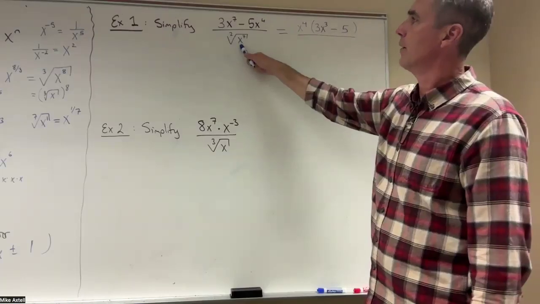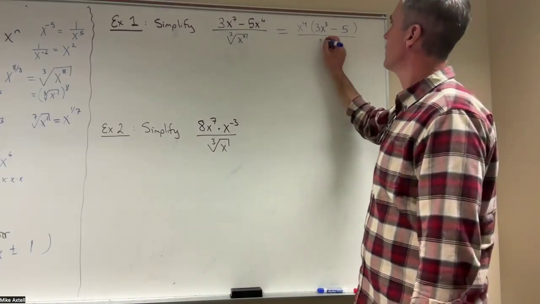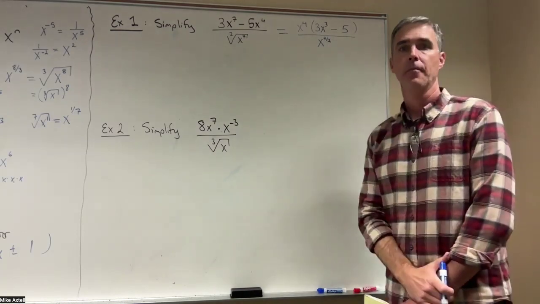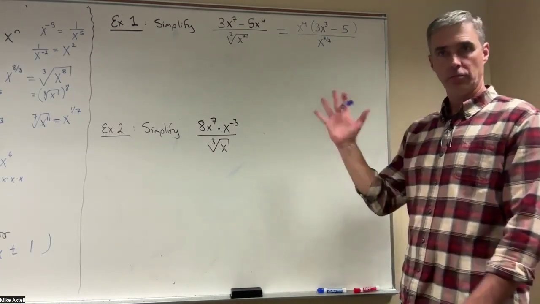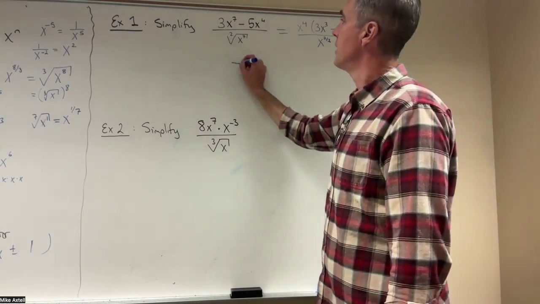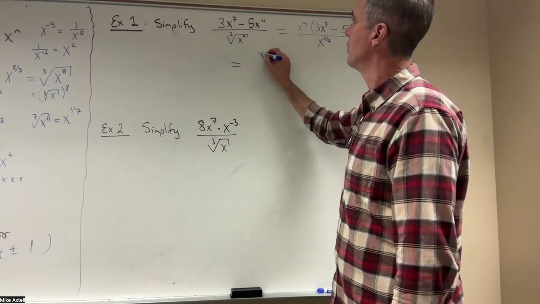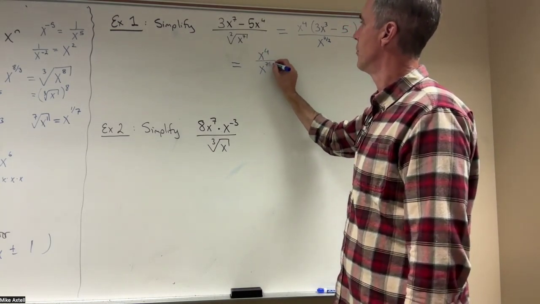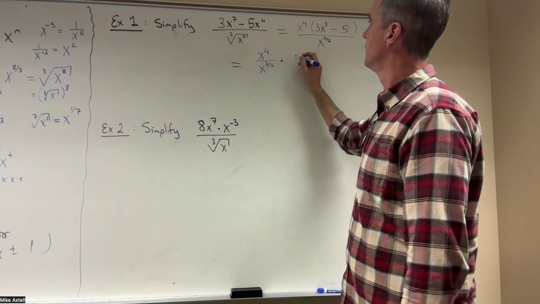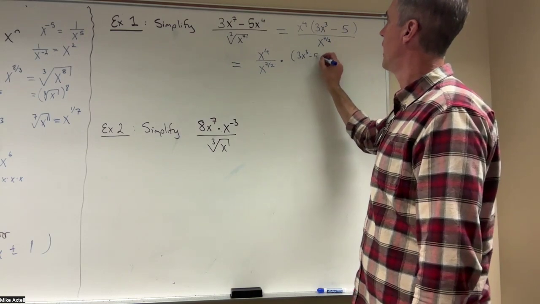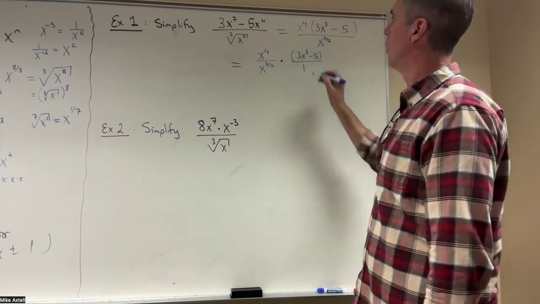I'm going to rewrite the square root of x to the 7 as x to the 7 over 2. So there's step 1 of my simplification. Step 2, I'm going to isolate the x to the fourth over the x to the 7 over 2, and then I can think of this 3x cubed minus 5 as being divided by 1.